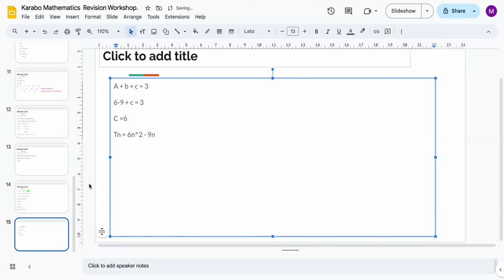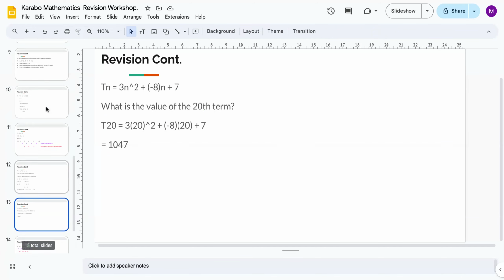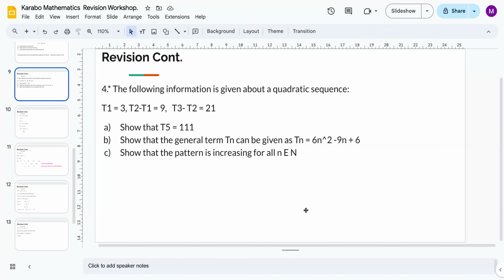And our c was 6, plus 6 is our nth general term. Now let's check if our nth general term that we've derived is the same as the one they asked in the question. Yes, so 6n squared minus 9n plus 6. So we are correct. We derived the same nth general term as the one given in the question. So we've proved that this is indeed correct.